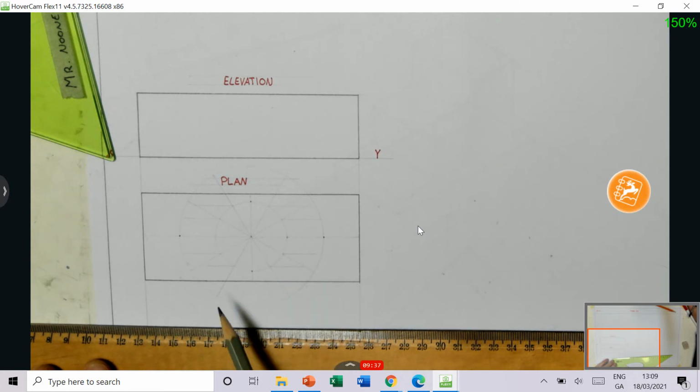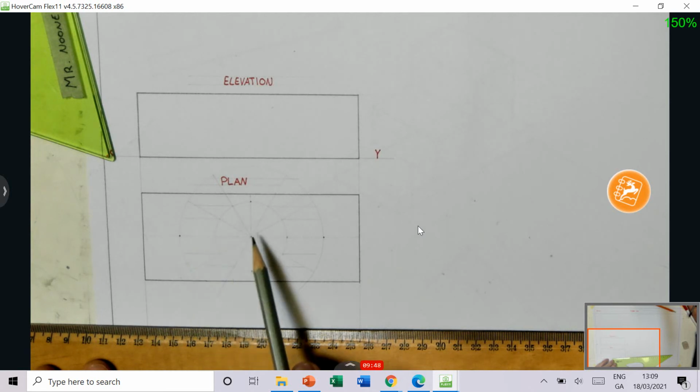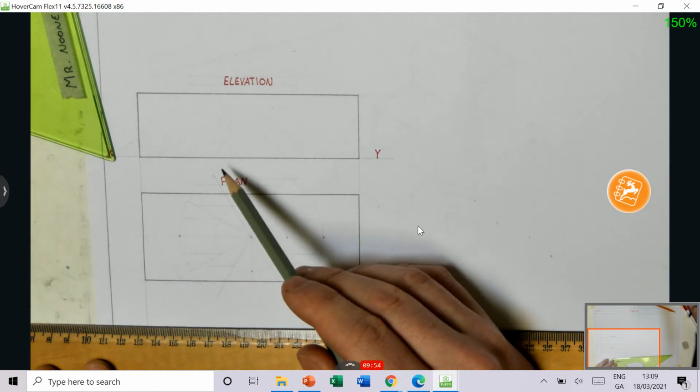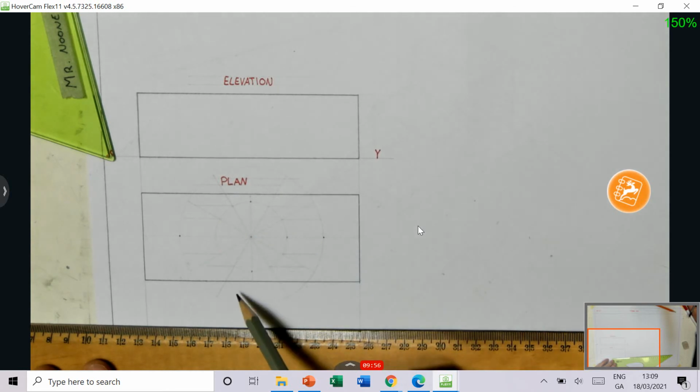This time, where the same lines cut the major circle, I'm going to draw vertical lines, and these vertical lines are going to go through towards this center line. So this one is going horizontally, the center line is going horizontally across. They're going to go towards that. So the ones up here are going to come down, the ones down here are going to go up.